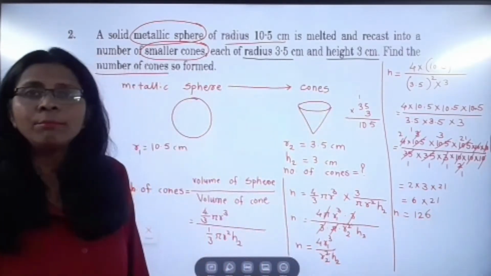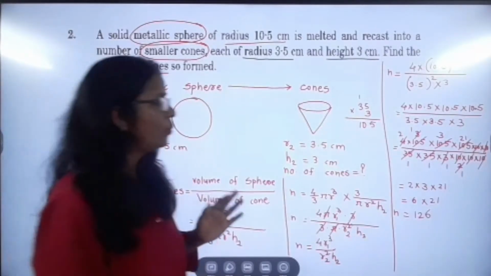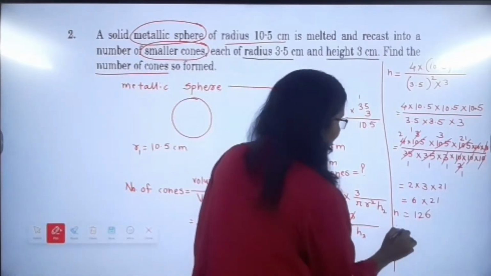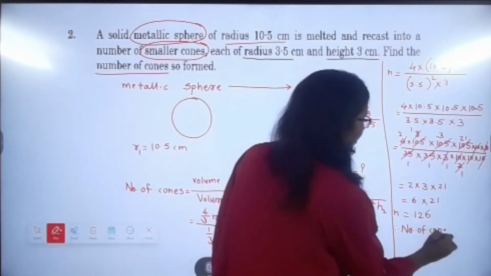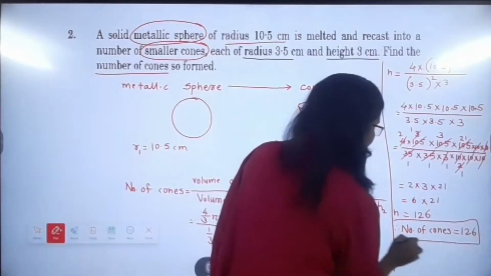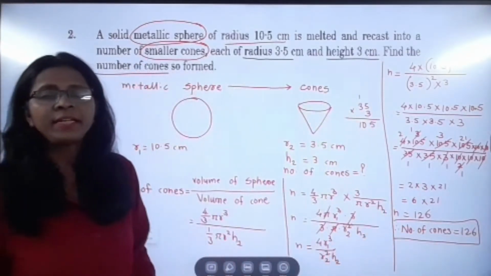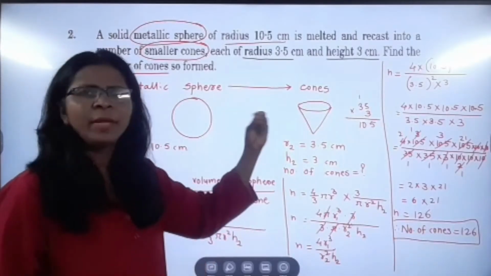So here the number of smaller cones will be 126. Okay, so here I write down the final answer. Number of cones is equal to 126. Students, in such a way we can solve the example and find out the value.